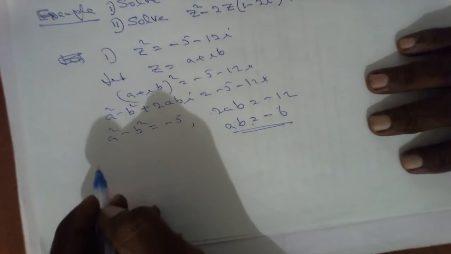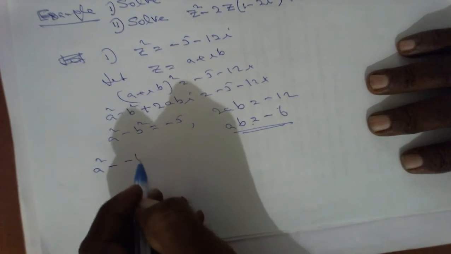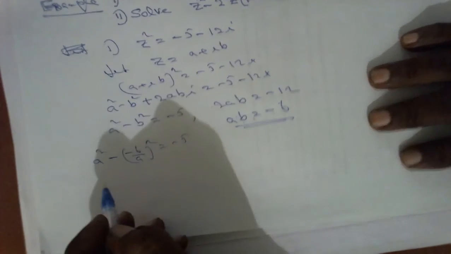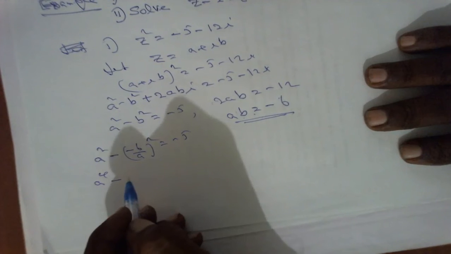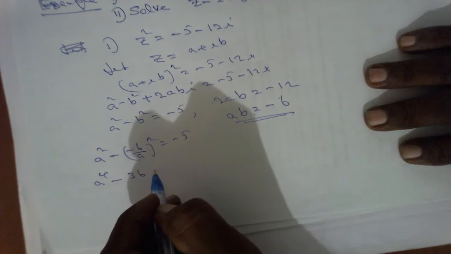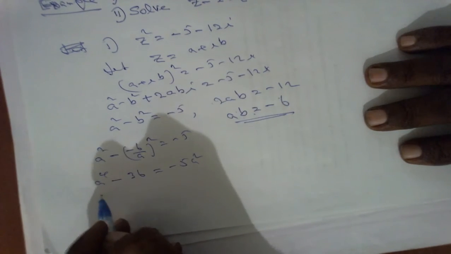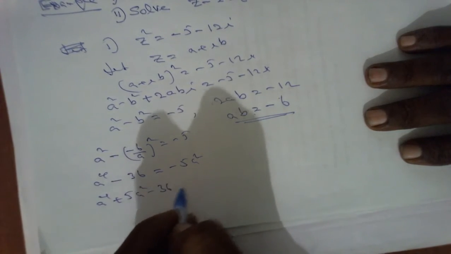Then a squared minus 36 over a squared equals -5. Then a to the 4 minus 36 equals -5a squared. A to the 4 plus 5a squared minus 36 equals 0.